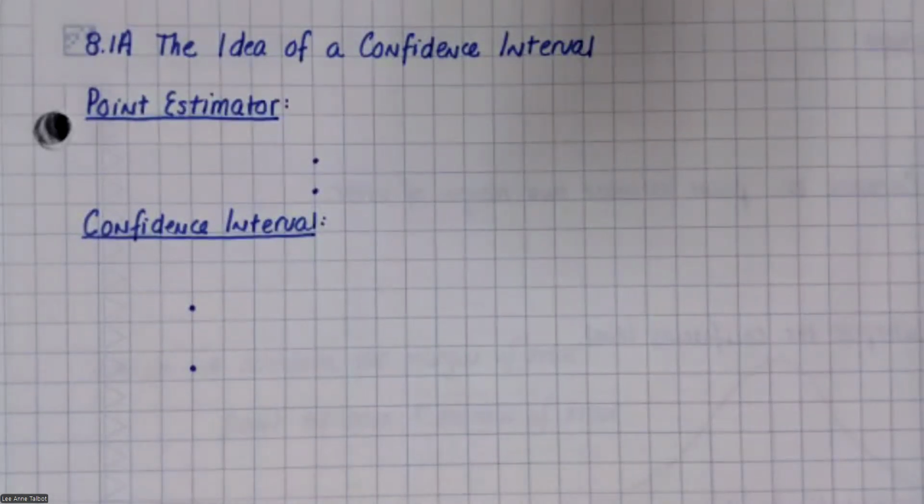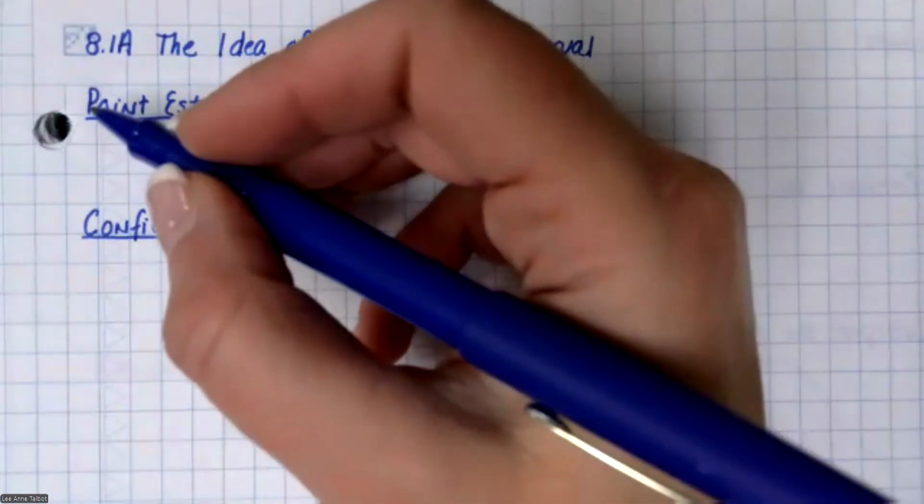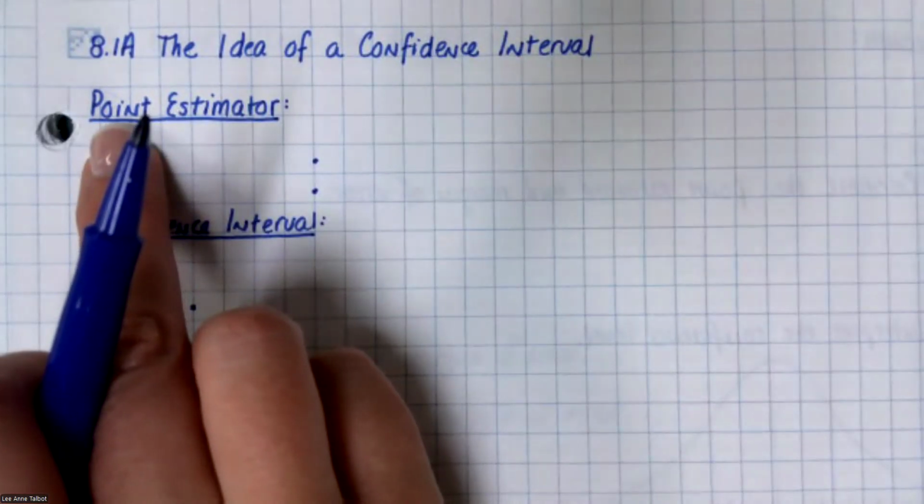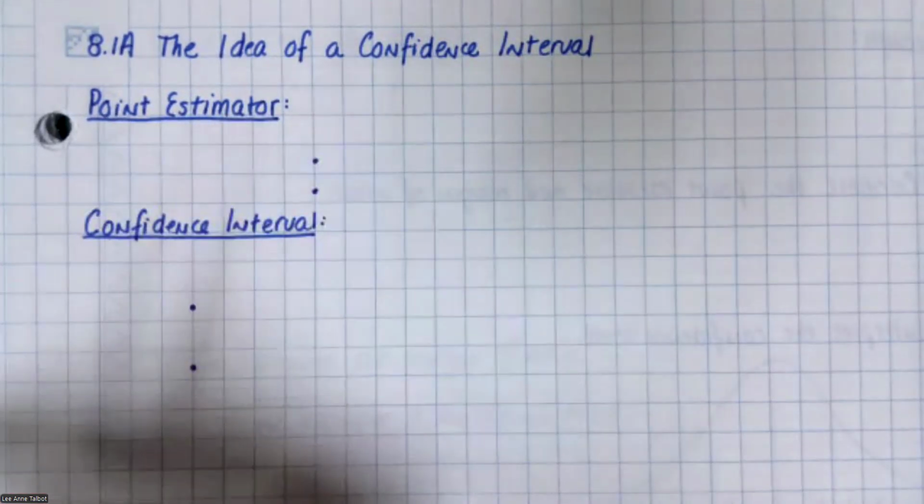We're going to start with some vocab. The first vocab word is point estimator. And this is extremely important if you think about point estimating. Okay.